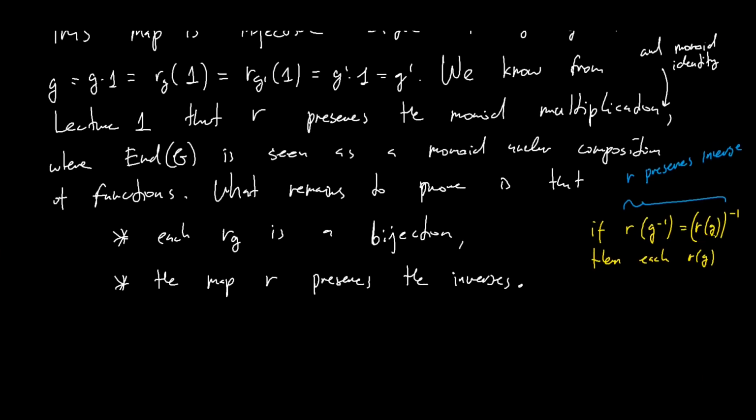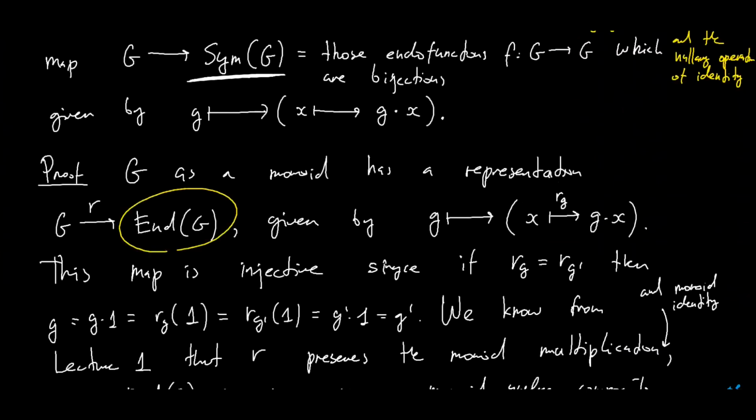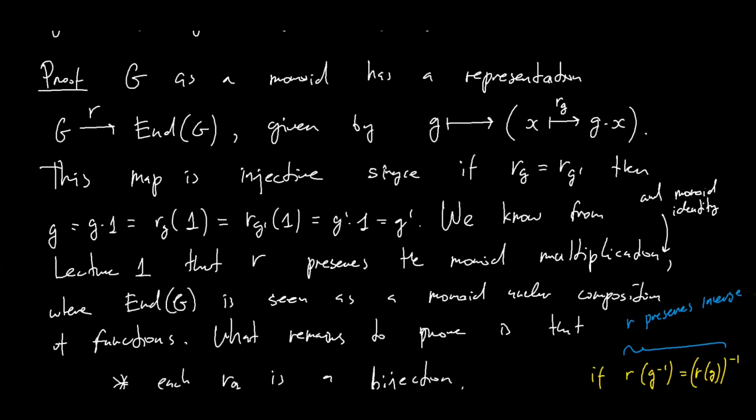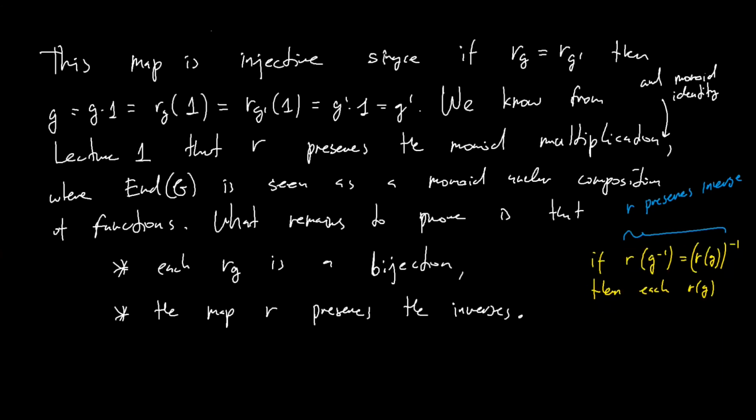So instead of saying that this R, the one that now ends up going to end G, not yet in sim G, must preserve the unary operation of inverses, we will say that R preserves invertible elements.